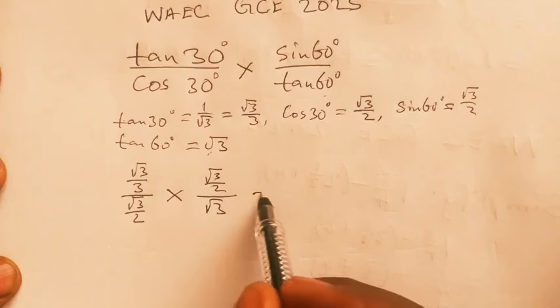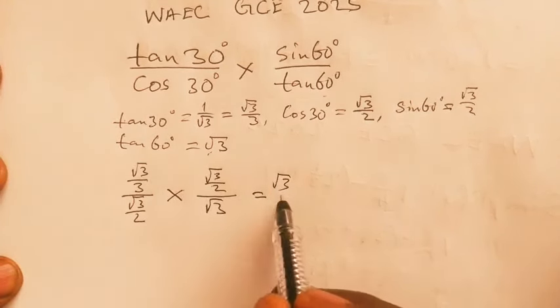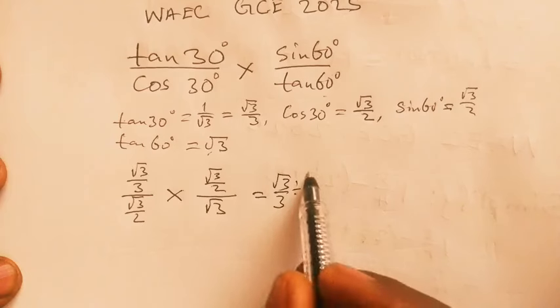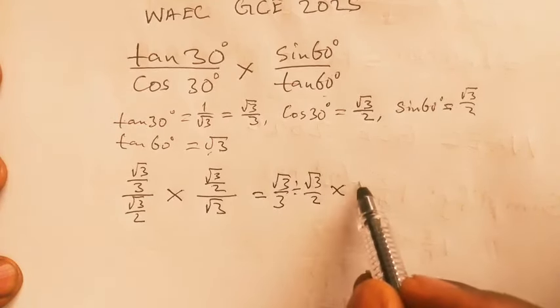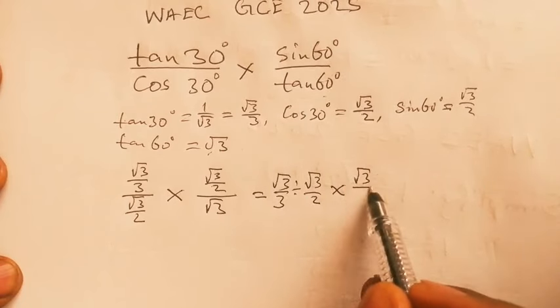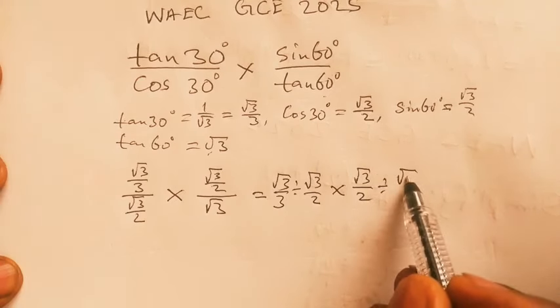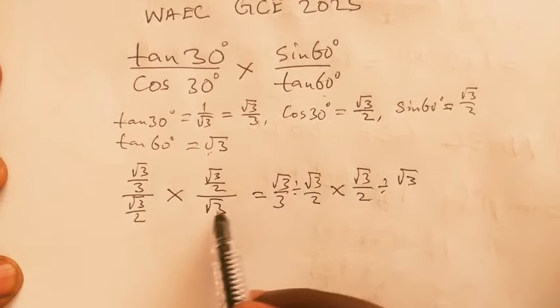So this is going to be square root of 3 over 3, then we divide this by square root of 3 over 2, then multiply by square root of 3 over 2, divide by square root of 3, which is this one.